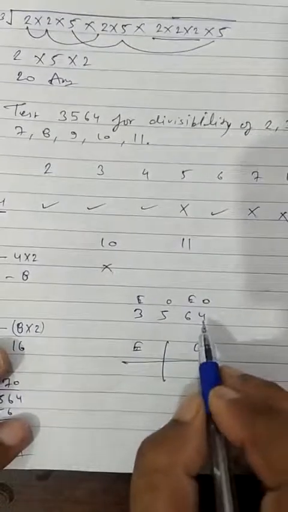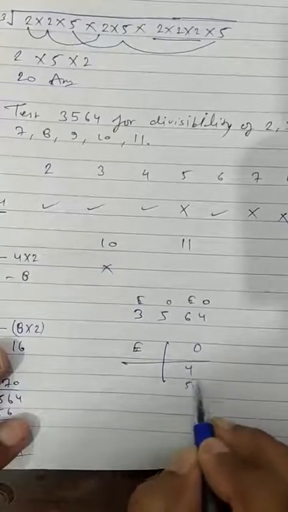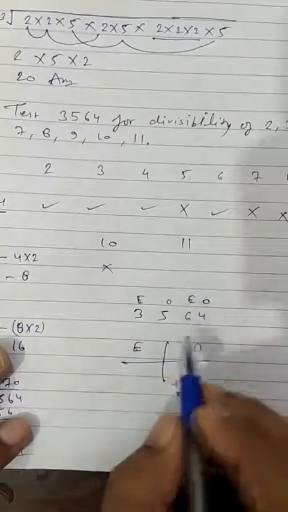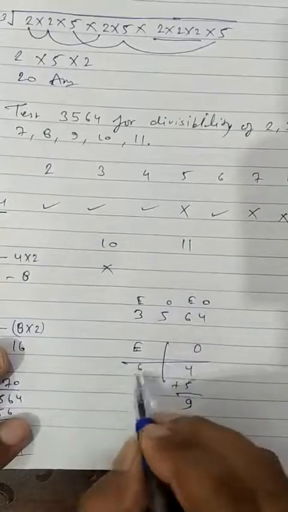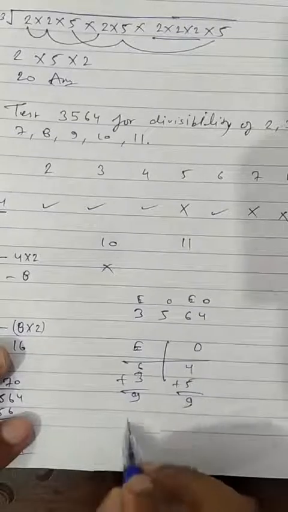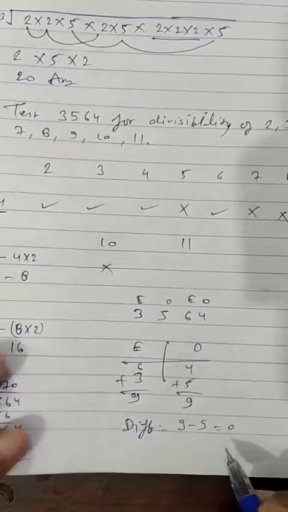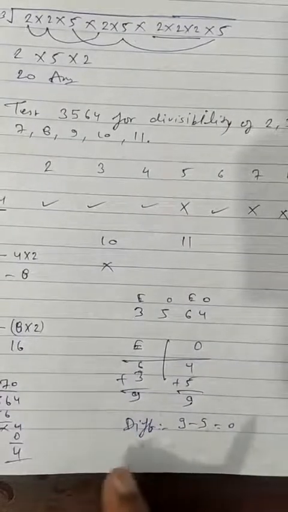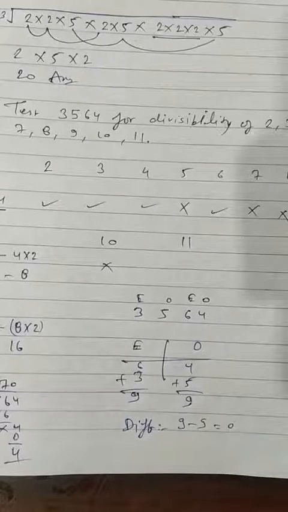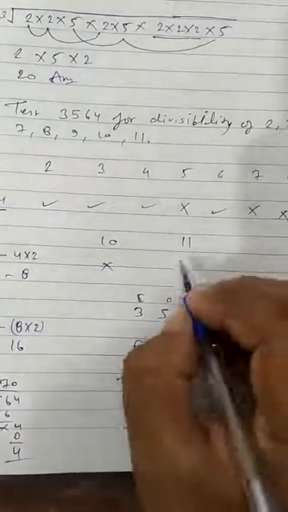For odd places we have 4 and 5, it's 9. And for even places we have 6 and 3, it is 9. So if we find the difference of these two, 9 minus 9, we get 0. The difference must be 0 or a multiple of 11. So as we have got 0, for 11 it is a tick.